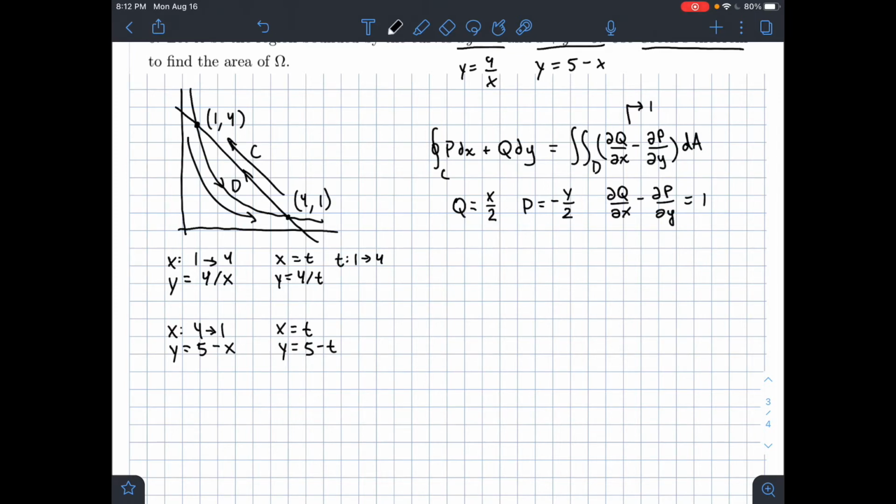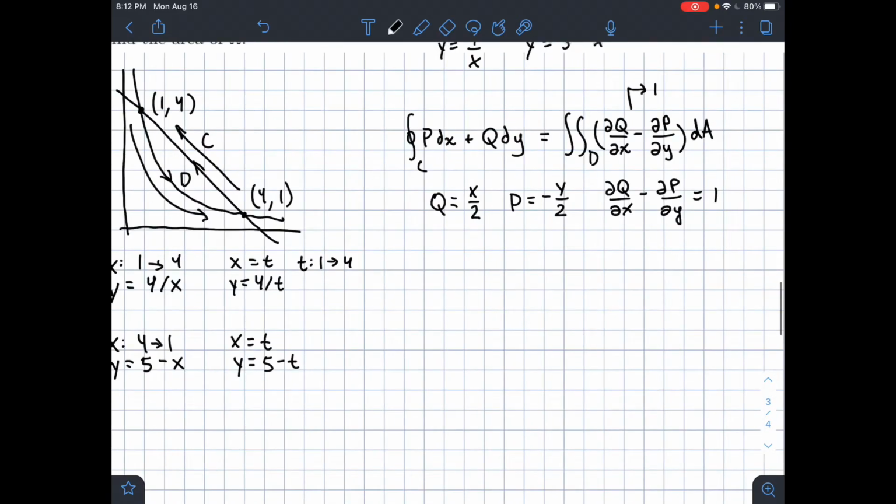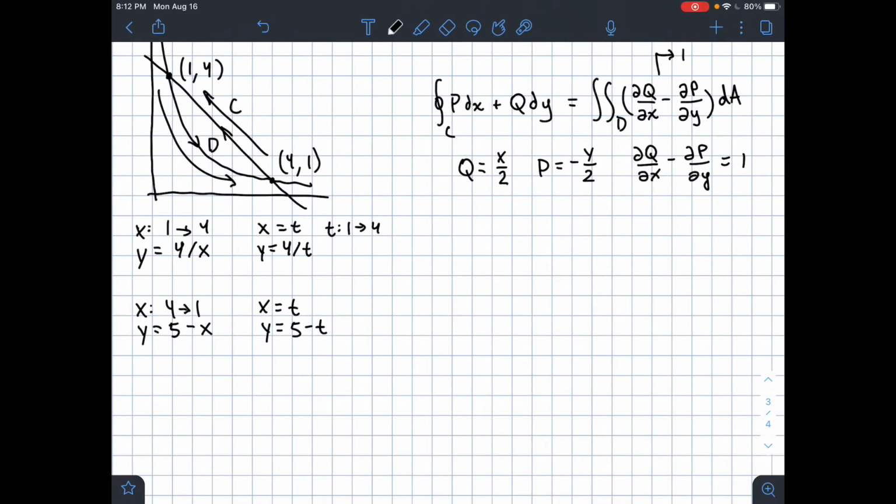Now we are ready to set up the line integral. So we want to set up this line integral P dx plus Q dy using these values for Q and P. So the result is, and I'm going to simplify, the result will be half of the integral along path C of x dy minus y dx.